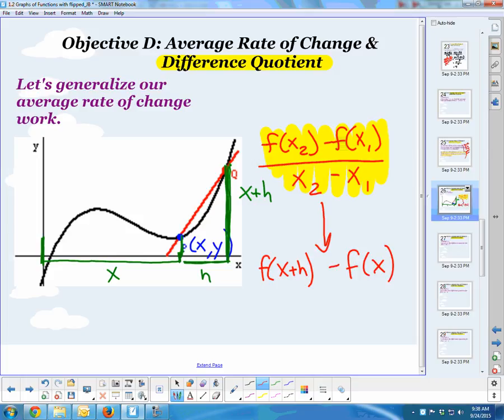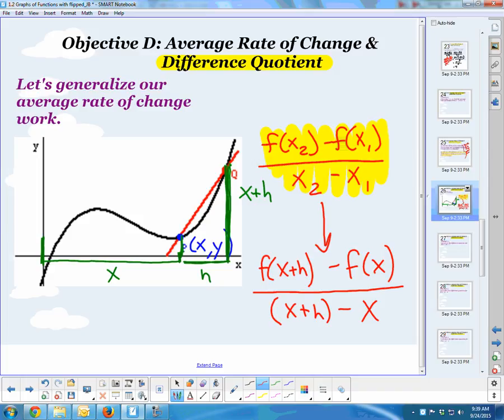We're getting rid of the sub notation because we just called the x coordinate of P x, over x sub 2. Now x sub 2 is the x coordinate of point Q, and we're calling that x plus h, minus x sub 1. X sub 1 was the x coordinate of P, and we're just going to call that x.